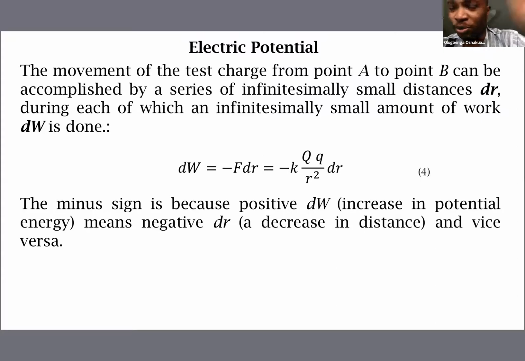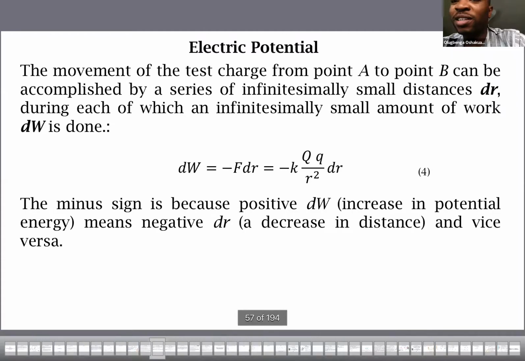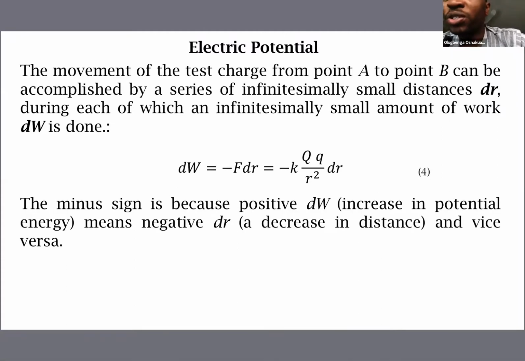So we can cut them into small distances dr and calculate the work done in moving through those small distances. Then we will be talking about this expression, which is work, just like we learned in mechanics. Work is force times distance, right? So when we say work is force times distance, this is the same.